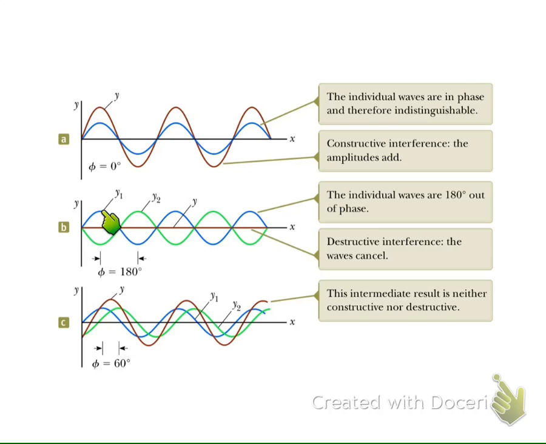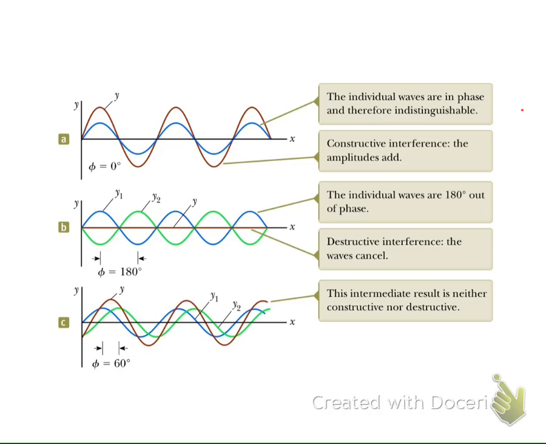So the displacements of these two waves point in opposite directions all the time, and the displacements cancel. We have the resulting wave as nothing. This is just a straight line because the blue wave and the green wave cancel each other. And this is a perfect destructive interference.